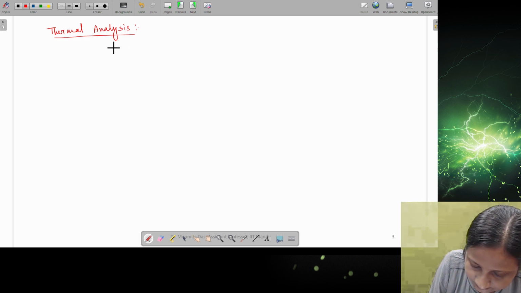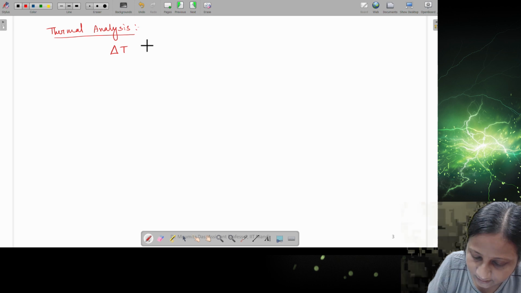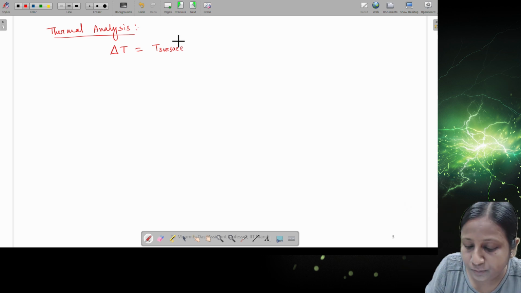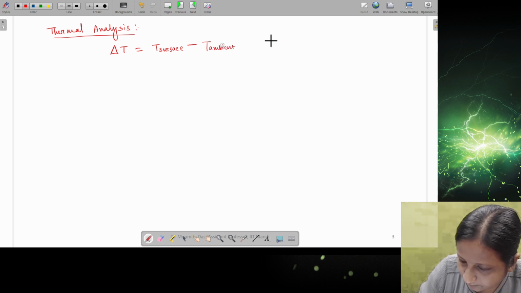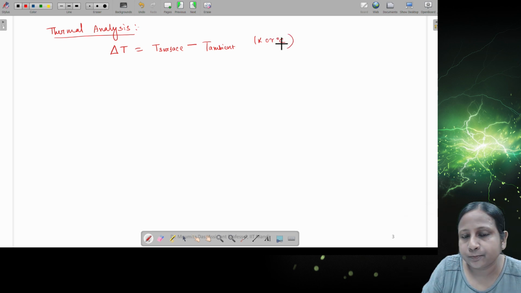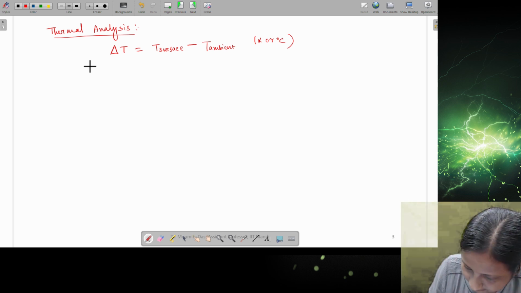Then we can represent this delta T, the temperature difference, as delta T equals T surface of the converter, the black box, minus T ambient. This unit can be either in Kelvin or in degrees Celsius, depending on which unit you are using for the calculation, right?